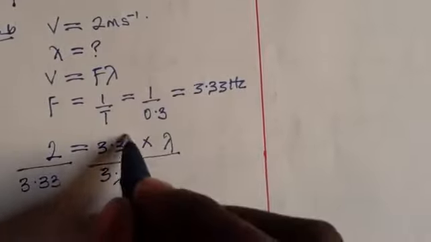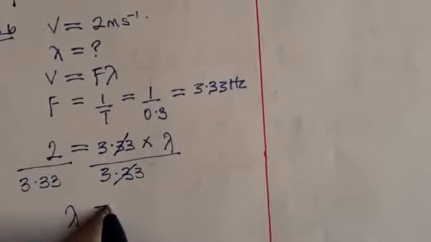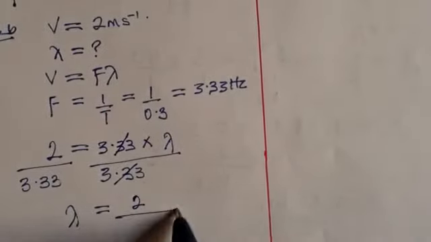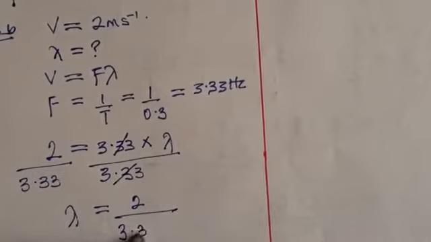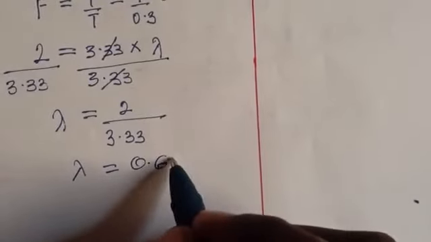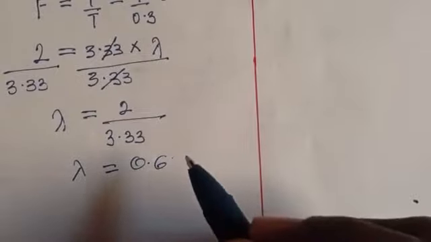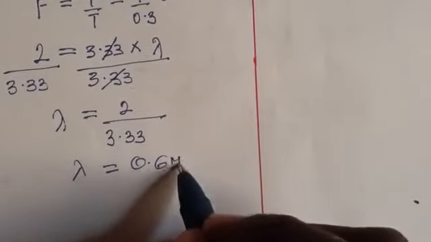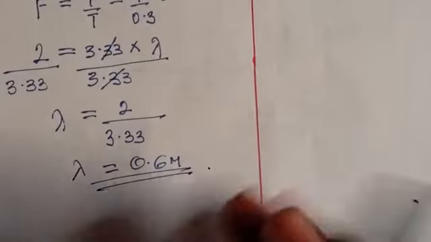We cancel this one, then we have lambda equal to 2 all over 3.33. So lambda will be equal to 0.6. So lambda is 0.66, or 0.6 meter. I hope this is understood.